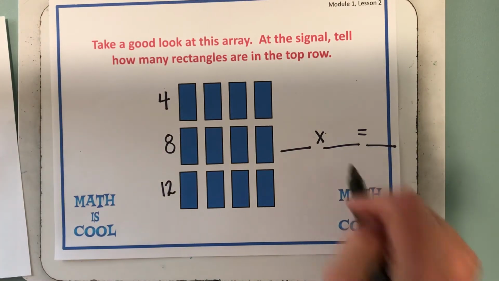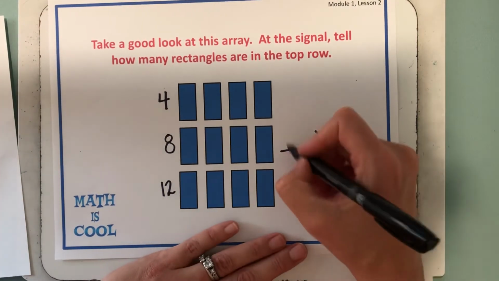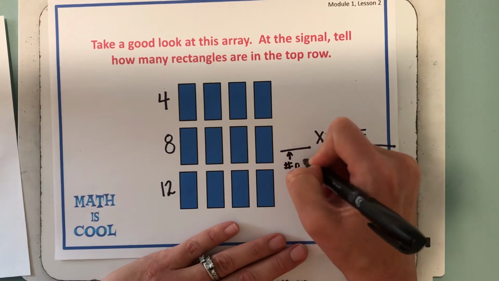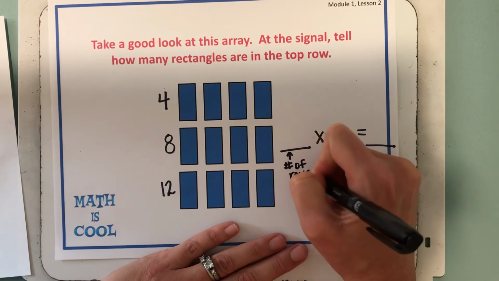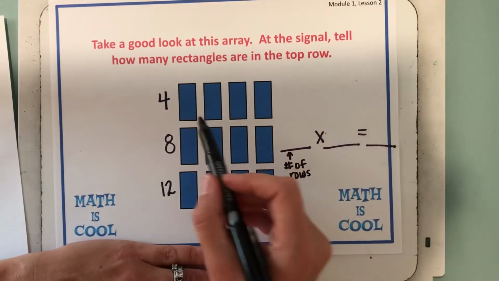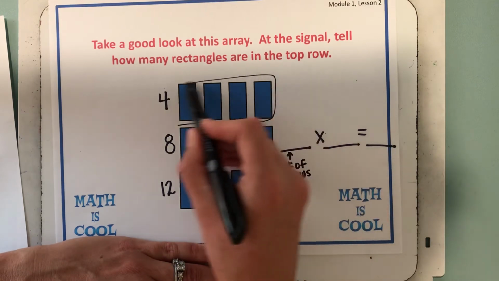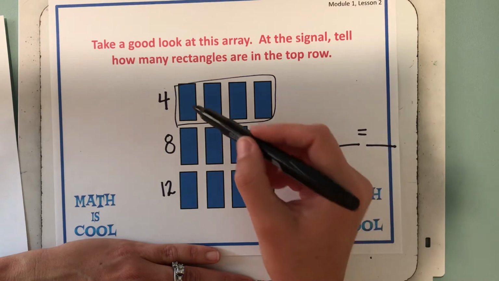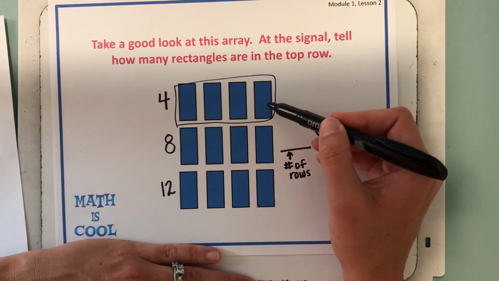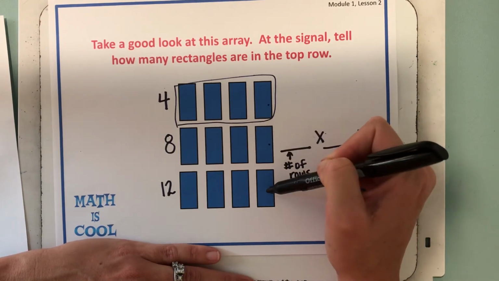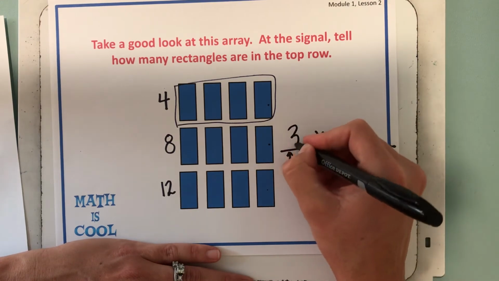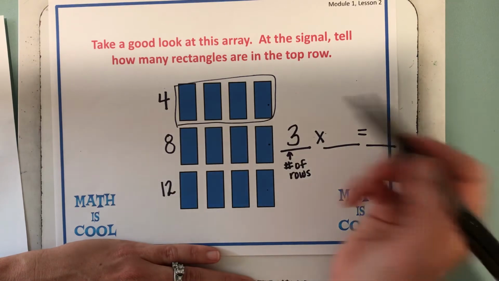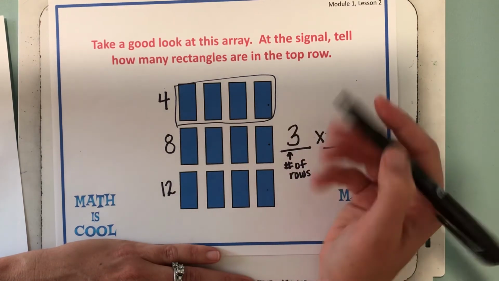So now we're going to write a multiplication sentence for this on the side. Remember, this first one is the number of rows or the number of groups. So even though this is called a row, it's also called a group, okay? So let's count how many rows we have. 1, 2, 3. We have 3 rows. And then how many do we have in each group or in each row?